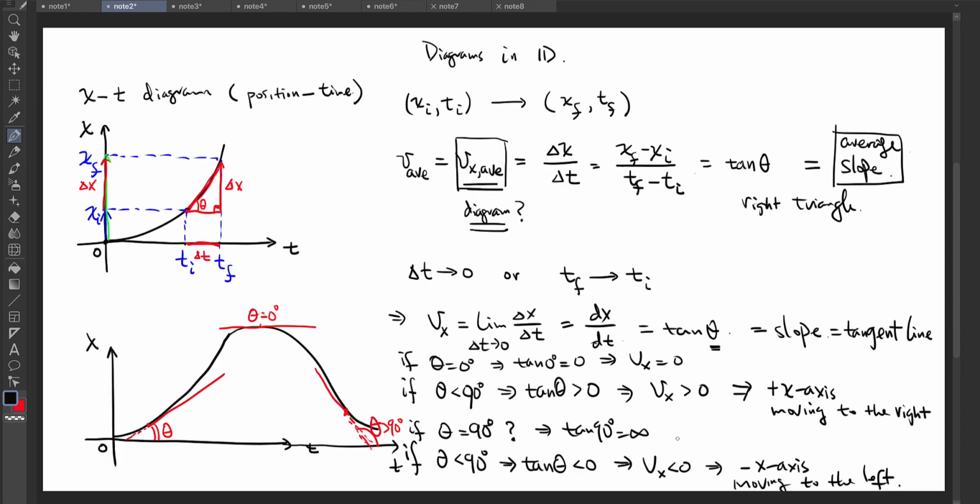We cannot have infinity as the speed. So that would be unphysical. But reflected in the diagram, it would be something like vertical. You have a vertical line. So let's say I continue this and then go up vertically. Then that would be the 90 degree angle for the slope. But again, that's unphysical. This one is unphysical.